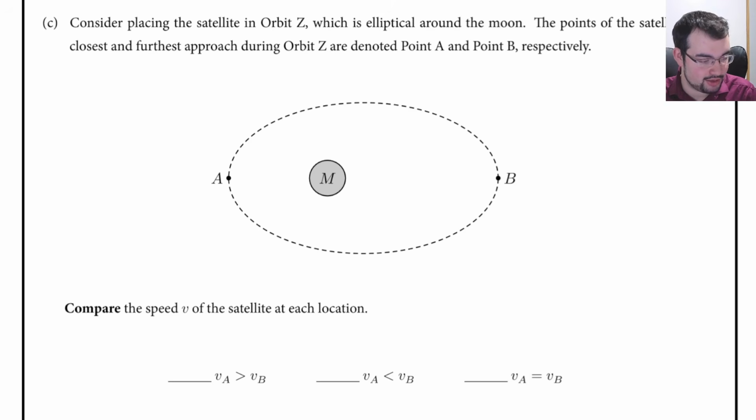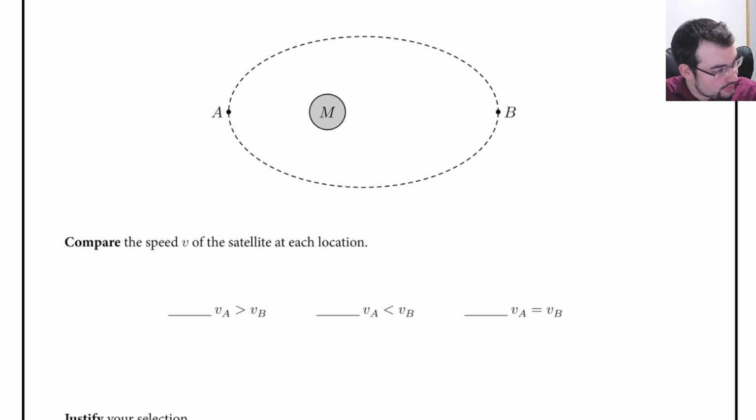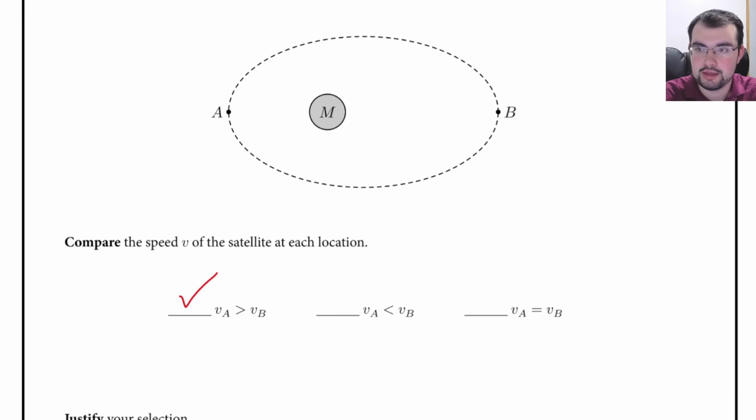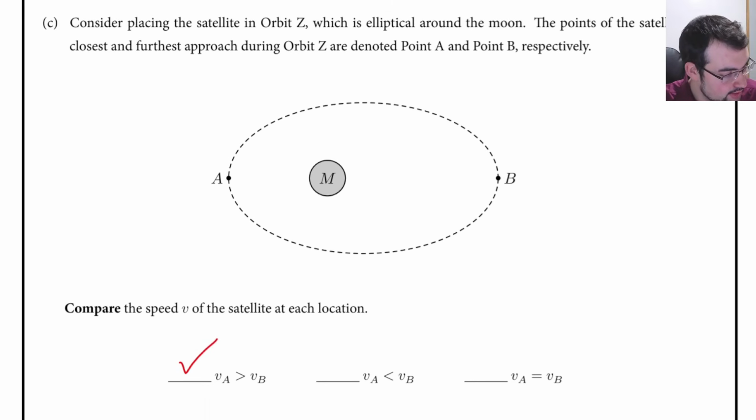Because here's where Kepler's second law comes from. One thing you have to realize is you can approach this with conservation of something. So this speed is definitely greater at A. There's a couple ways of approaching it. The classic way of doing this problem is, notice that if I'm in orbit somewhere, let's look at B, for example, I'm going to be moving at some speed this way, and then my gravitational force is going to be this way.